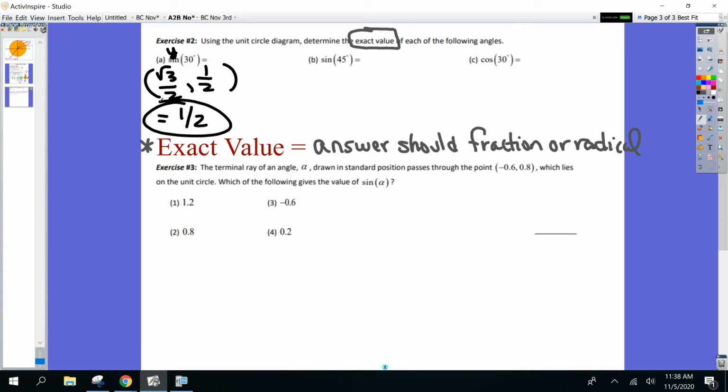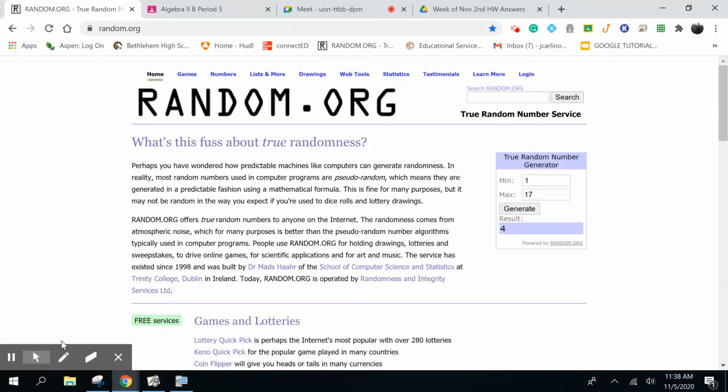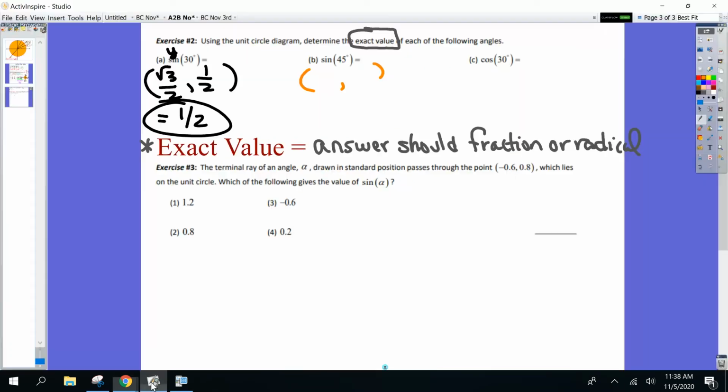All right, let's go to 45. Find the exact value of sine of 45. First thing I need is the coordinate at 45, so I can pick the right one, and you'll figure out it doesn't matter which one you pick. What's the coordinate at 45 degrees on my unit circle? Radical 2 over 2, radical 2 over 2.